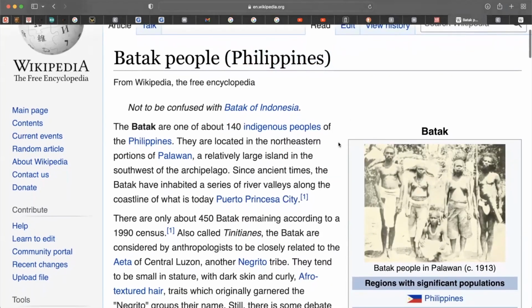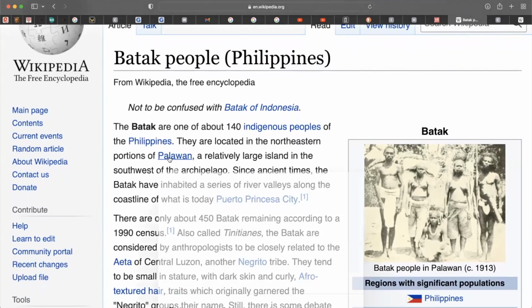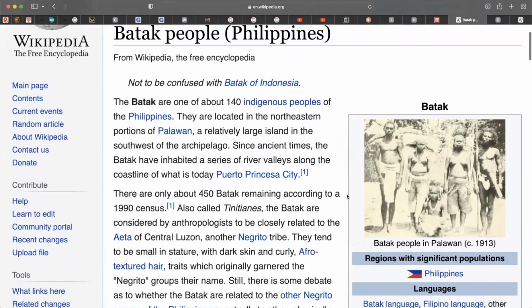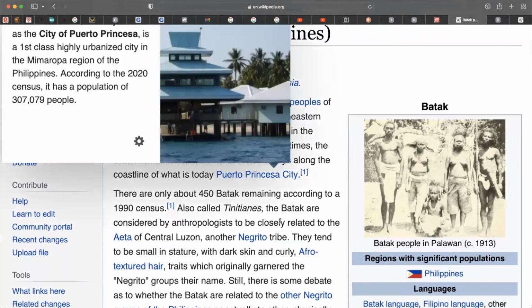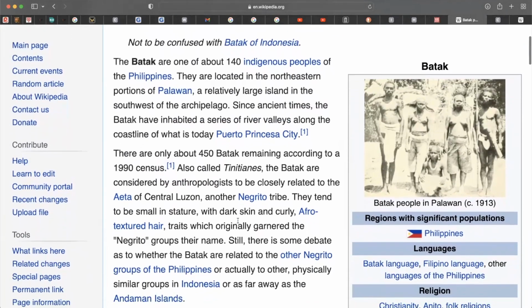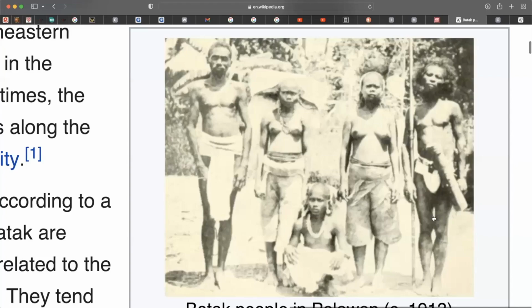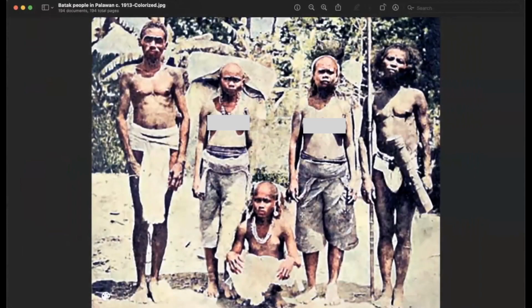They are located in the northeastern portions of Palawan, a relatively large island in the southwest archipelago. Since ancient times, the Batak have inhabited a series of river valleys along the coastlines of what is today Puerto Princesa City. This is them right here, as you guys can see.